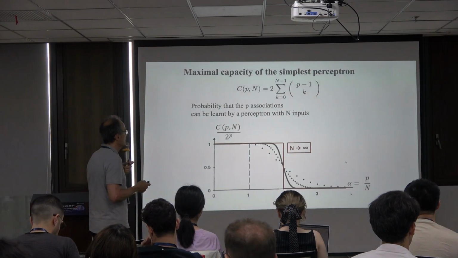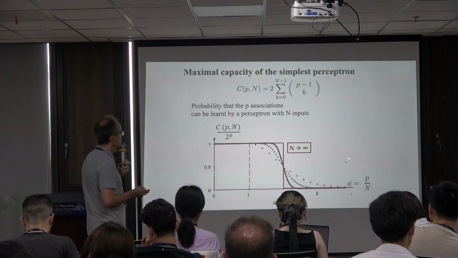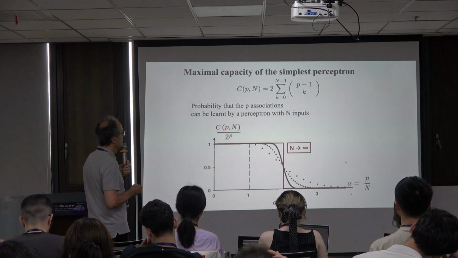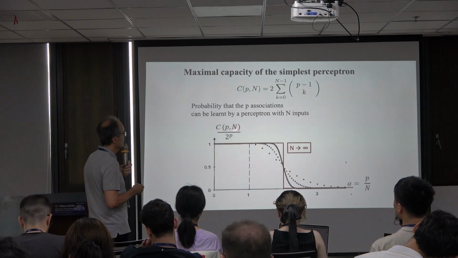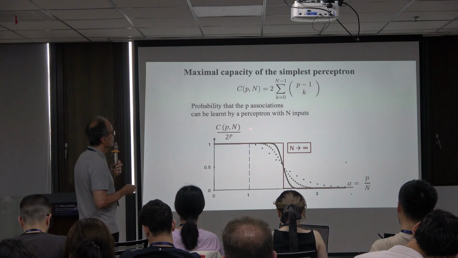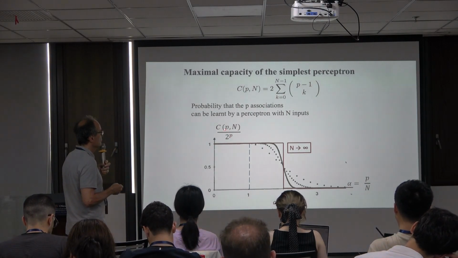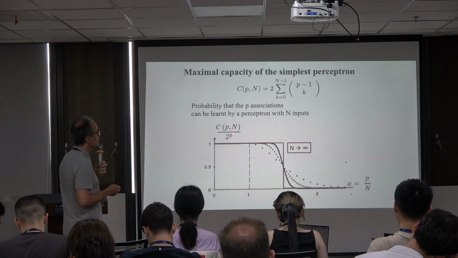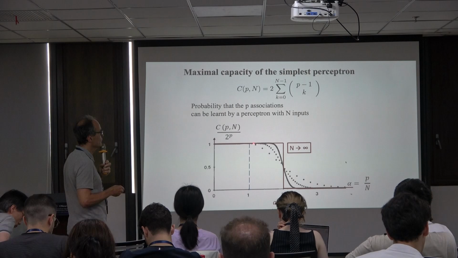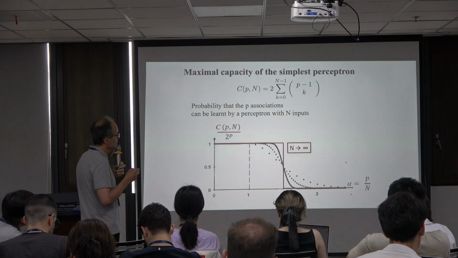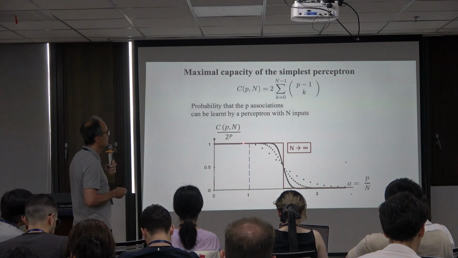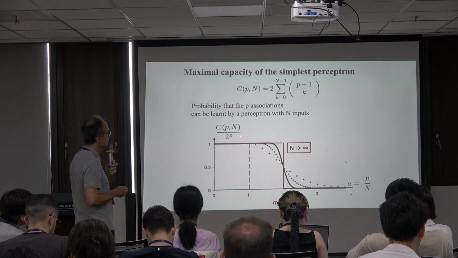And so what you find is that, here you have the number of colorings that are separable over the total number. If P is smaller than n, actually all the colorings are separable, so you can always do this linear separation exactly.